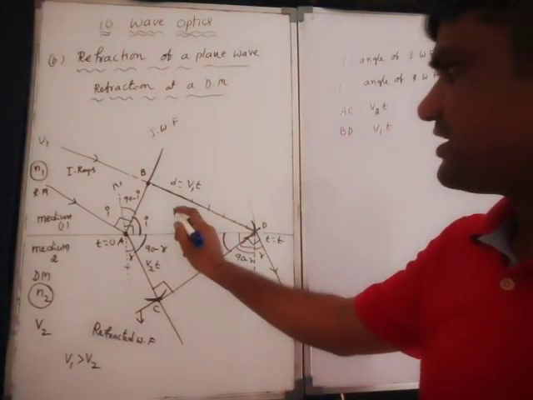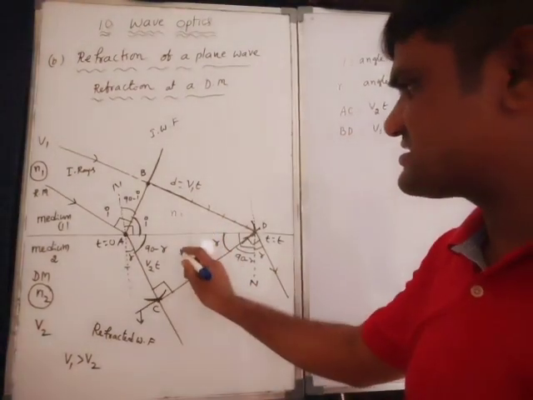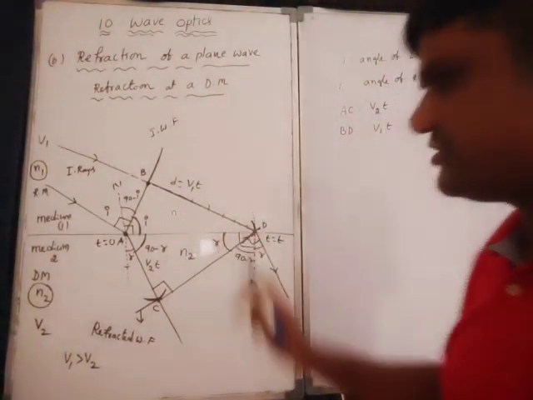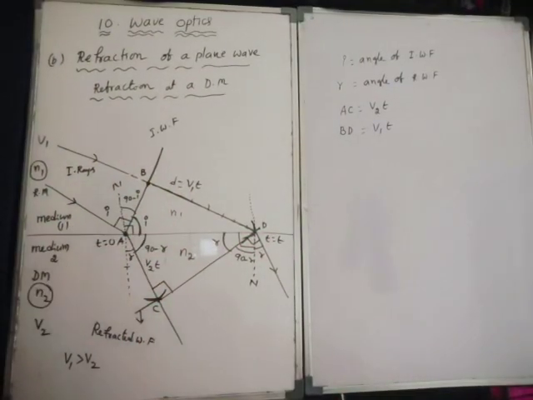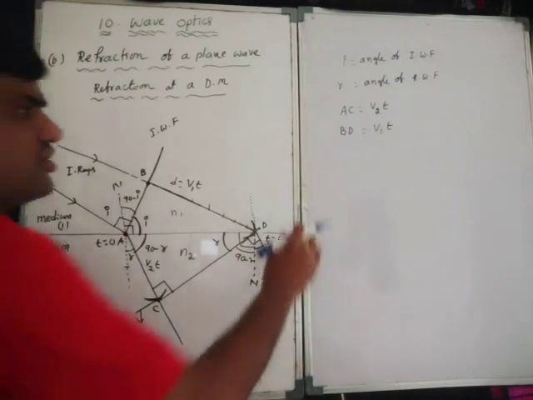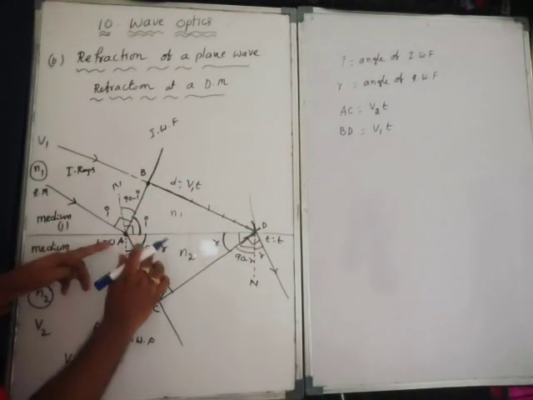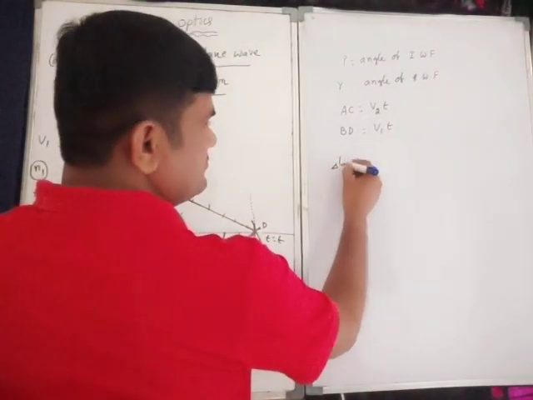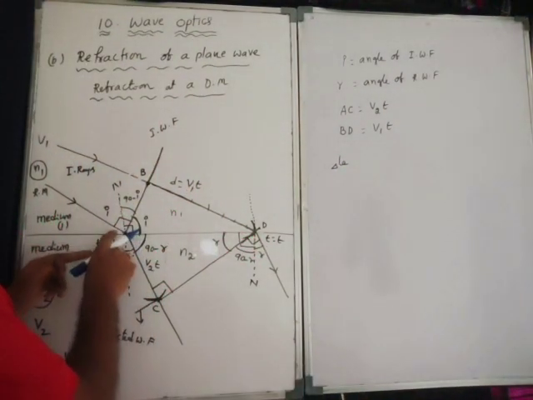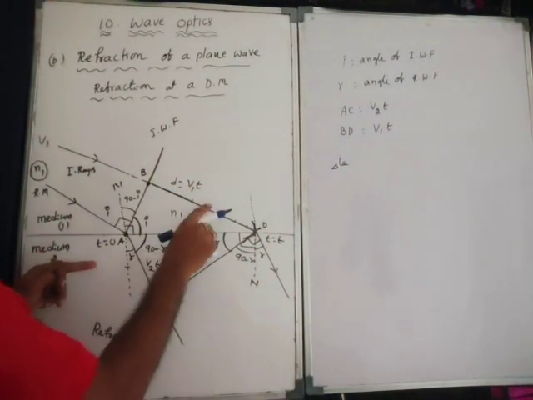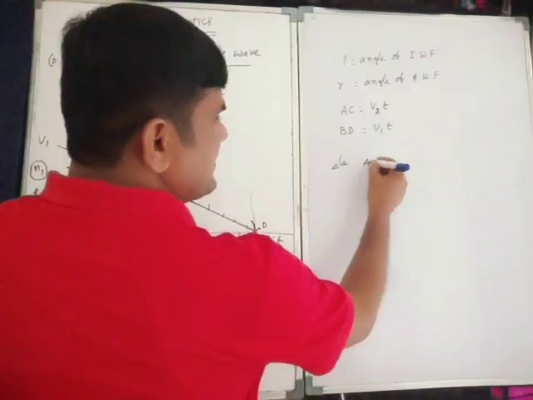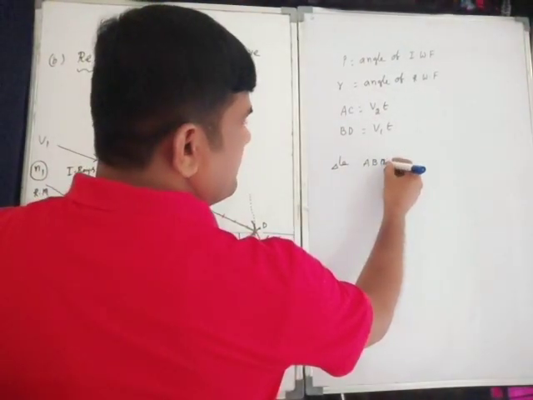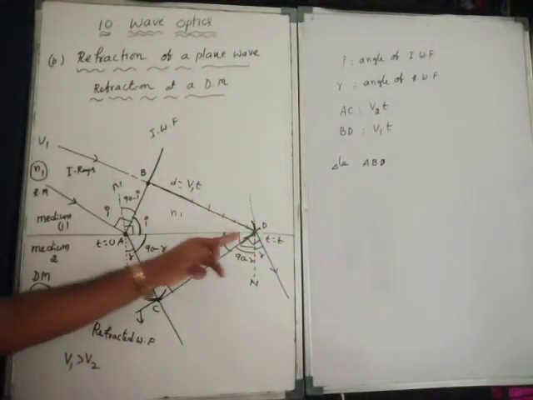This is the medium with refractive index N1, and this is the refractive index N2. The light ray travels from N1 to N2. So now I will consider triangle ABD.